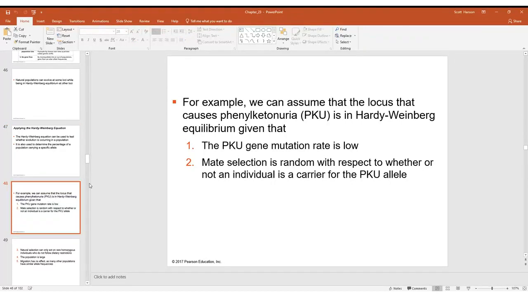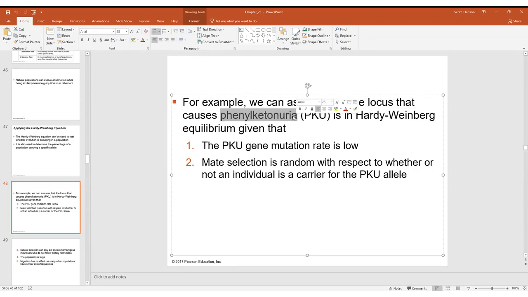And looking at an example then, so we can assume that the locus that causes phenylketonuria, that's a human disorder. So phenylketonuria, or PKU for short. Sometimes they call it PKU syndrome.